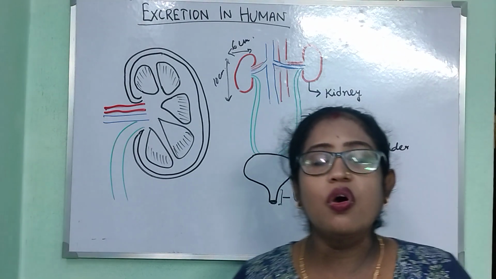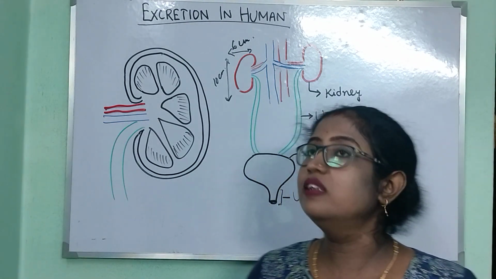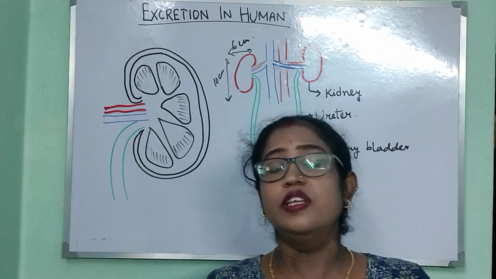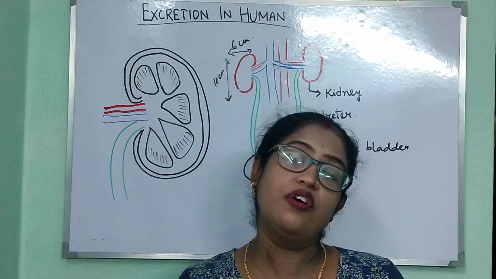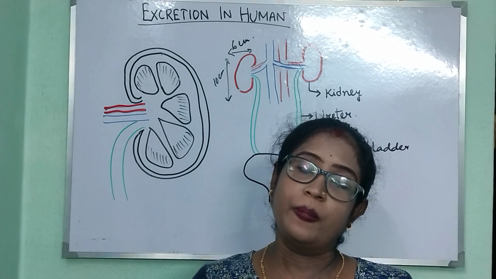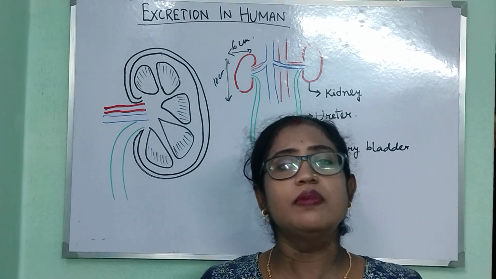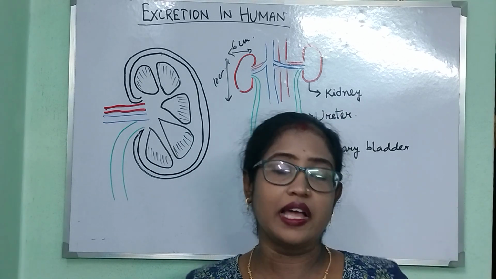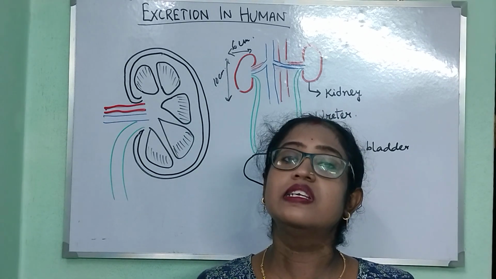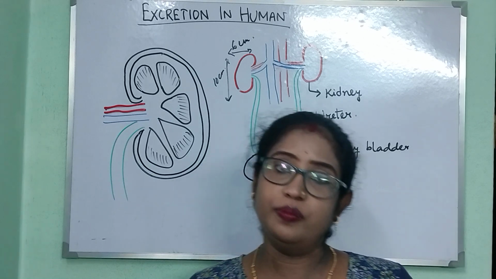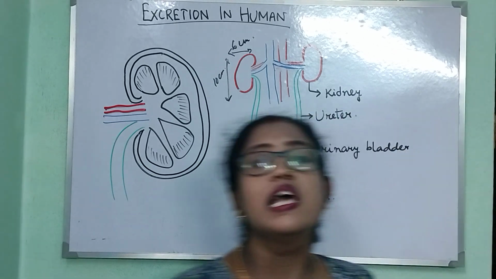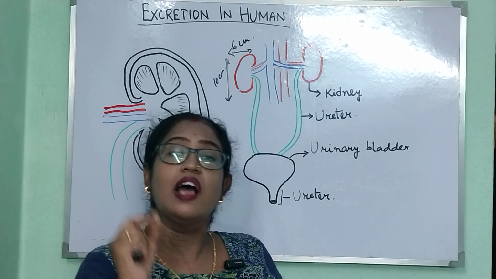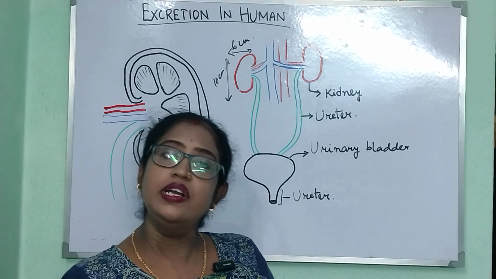So this is a very small kind of structure, and both the kidneys lie in the posterior side of the abdominal cavity, somewhat in a lower position. So in the lower back side the kidneys lie in the posterior abdominal wall, and these two kidneys are protected by the last two ribs of our rib cage.